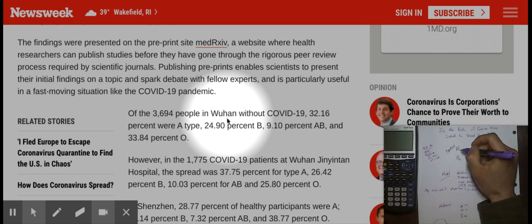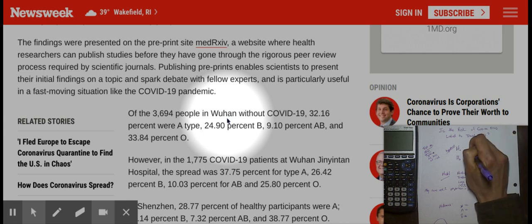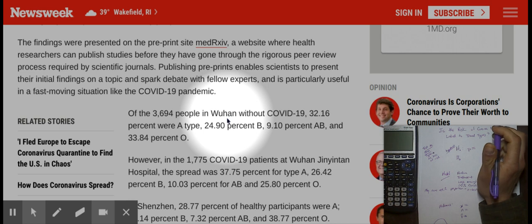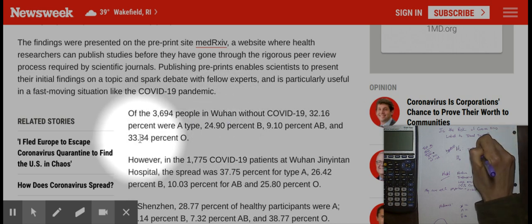In this hypothesis test, we're testing whether people are more at risk or less at risk if they are type O blood. So the null hypothesis should suggest that there is no difference. So I would need to find what percentage of people in Wuhan are type O blood: 0.3384.